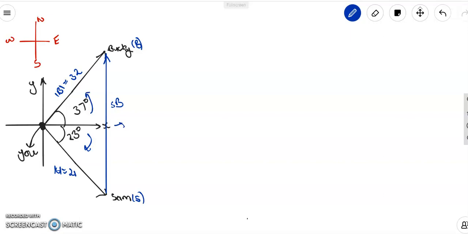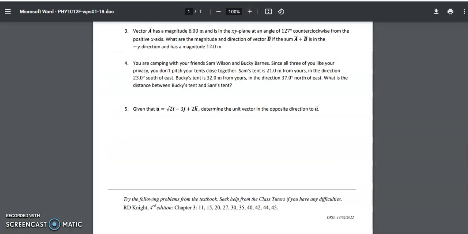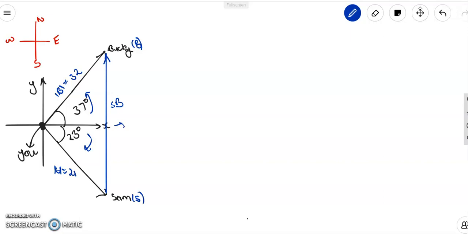It was clearly stated that Bucky's tent is 32 meters away from you. That's the magnitude of this distance here. Bucky's tent is 32 meters away, and Sam's tent is 21 meters away. You're camping here, this is you at the origin.